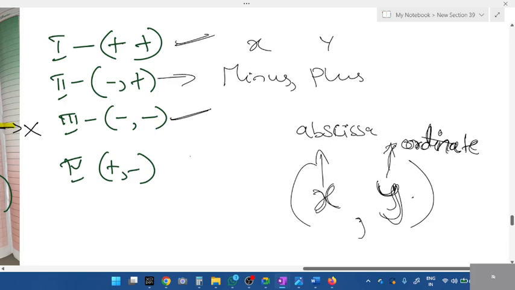So abscissa, ordinate, students. Both put together, when you write two values like this, we call it coordinate. So don't get confused between ordinate and coordinate. Coordinate is both put together. X is abscissa, y is ordinate.